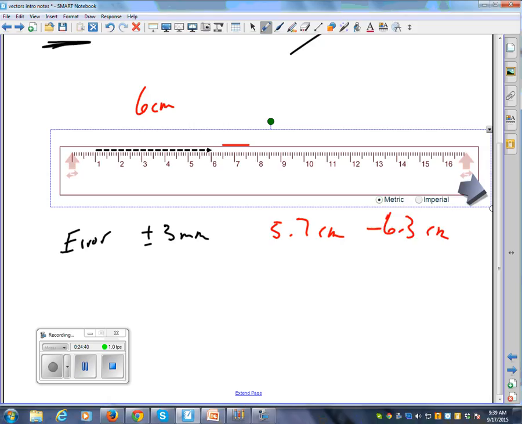If you can't draw it within plus or minus 3 millimeters, you shouldn't be here. It's not that hard. I've never seen anyone be out by more than 1 or maybe even 2. It just doesn't happen. Plus or minus 3 millimeters.